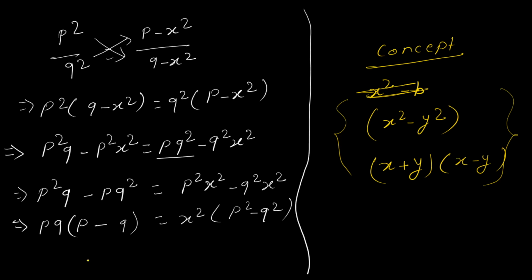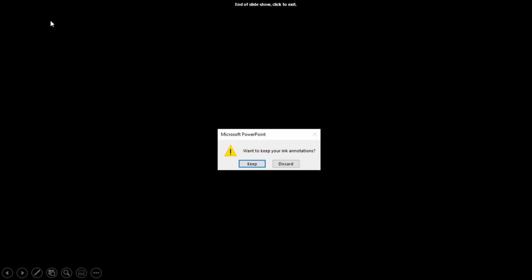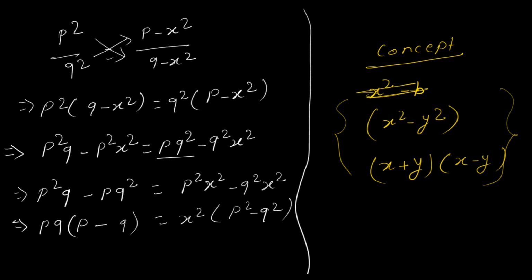Same way, say funda if I apply here, see PQ. Okay, so you just have to remember this concept, and then we are doing next step. What is that? PQ P minus Q.